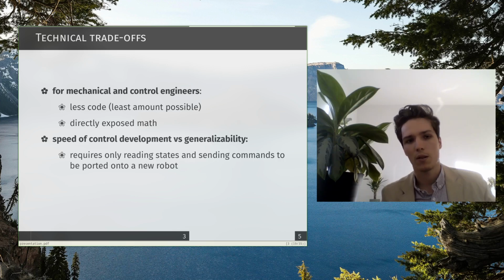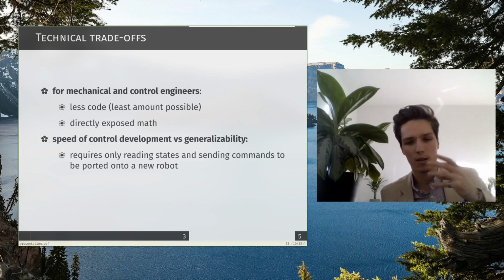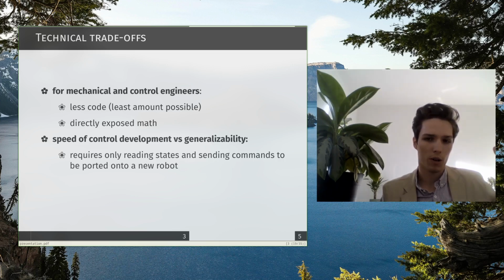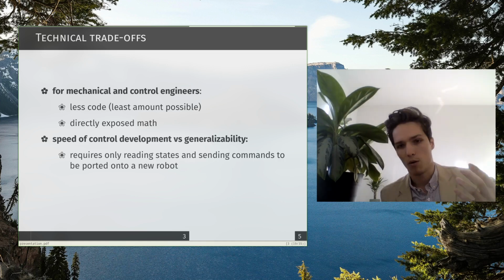But again, the point is there's so little code, and it requires so few things, that if you want to port this to a new robot, you can just sit down and write the code. Since you are controlling a robot with the control loop, at least for me, possibly you as well, you want to know all the code that's being executed if it's possible, because you want to understand that what the robot will do will be safe for the robot and for yourself.